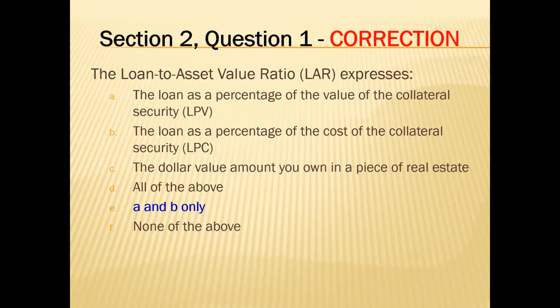But like I said, that question should have been, instead of loan to value ratio, LTV, it should actually read loan to asset value ratio. The LAR expresses both A and B, excuse me, the LTV and the LPC. And that comes directly from the book.